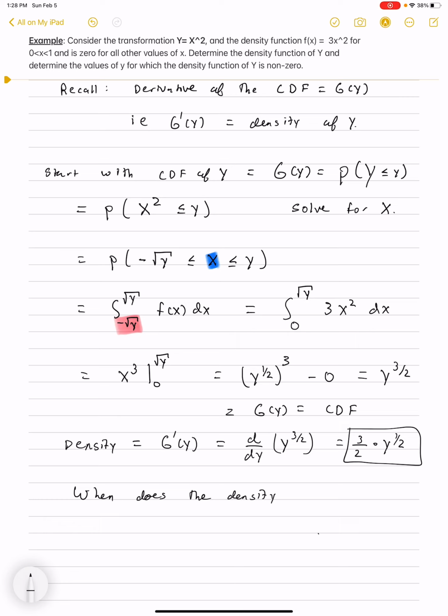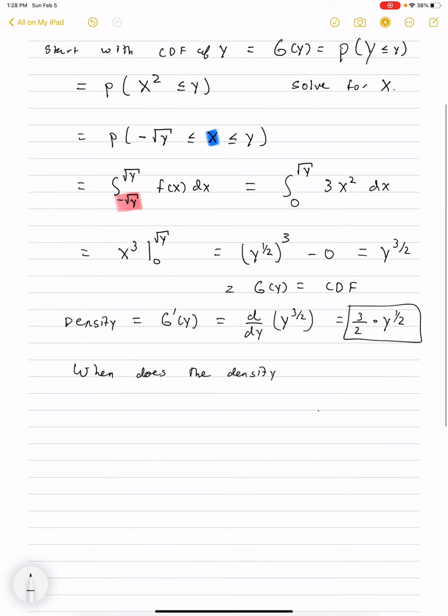And we used that interval to calculate this density. But we can't do anything without knowing the values of y. We can't calculate probability, we can't do expected values, etc. So when does the density function apply, or when is it non-zero?